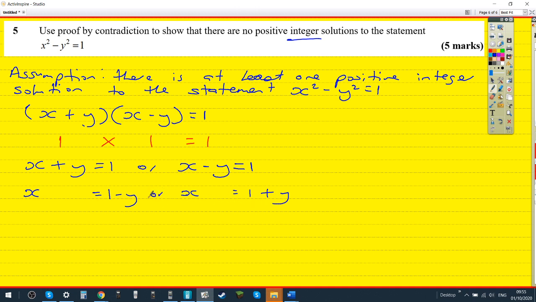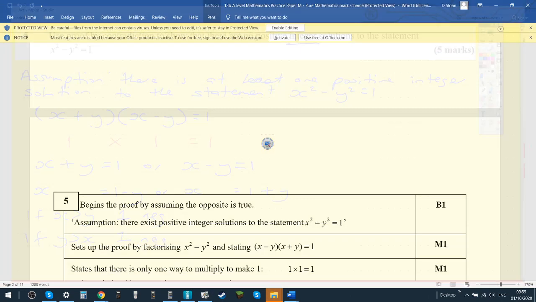Yep. My guess is if x is greater than y, then one of these will be negative. This creates a contradiction because at least one is negative, therefore there are no positive solutions. Yep.